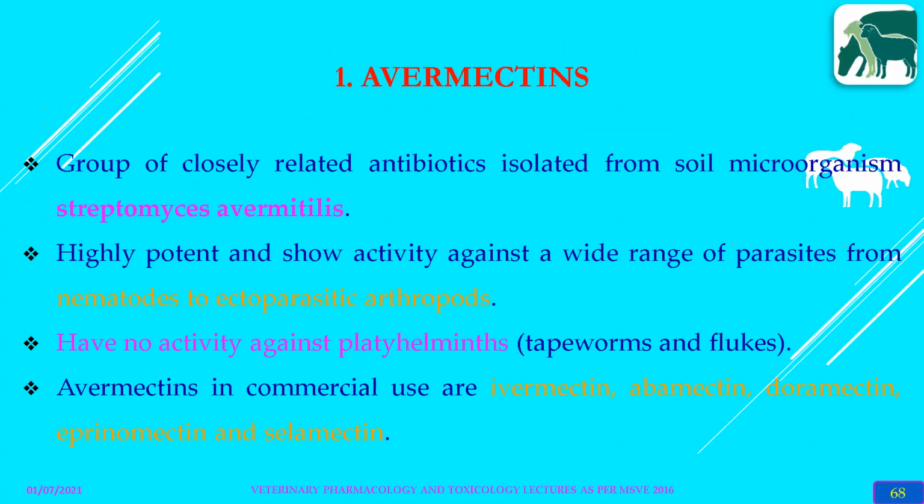Most of these are very highly potent and are among the most commonly used anthelmintic agents. Of course, ivermectin, even now, is also used against coronavirus especially. These are not active against the platyhelminths like tapeworms and flukes.